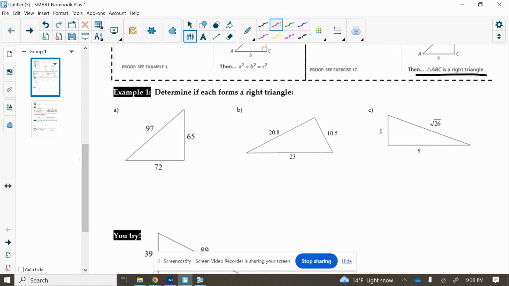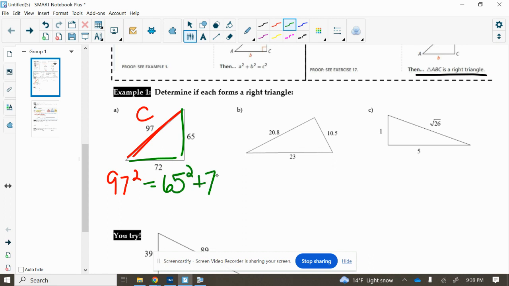So again, the important piece here is that the side across from your potential right angle, in this case we don't know that for sure, aka the biggest side, has to be our c squared each time. So in this case, 97 has to be c. Our a and our b are just the two smaller sides, so 65 squared plus 72 squared.